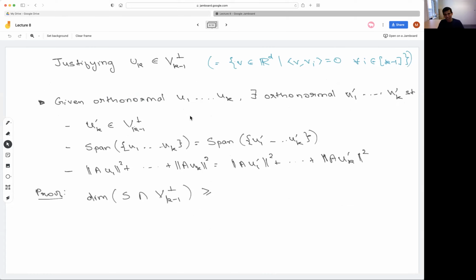But I claim that we can construct vectors u1 prime to uk prime, where now the vector uk prime lies in this space, and they have the same span, they give you the same subspace, and the objective value of norm of Au1 squared all the way up to Auk squared is the same for both of these sets of orthonormal vectors.